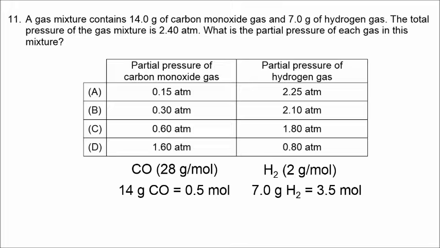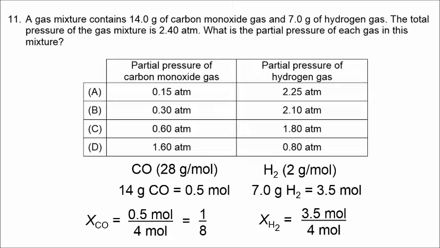Remember that mole fraction would be moles of one gas divided by total moles. In this case, the total number of moles is 4. So the mole fraction of carbon monoxide is 0.5 divided by 4, which is the same as 1 over 8. And the mole fraction of hydrogen would work out to be 7 over 8.